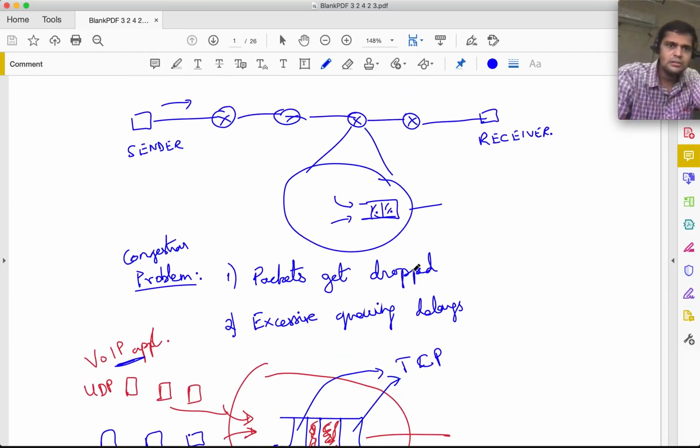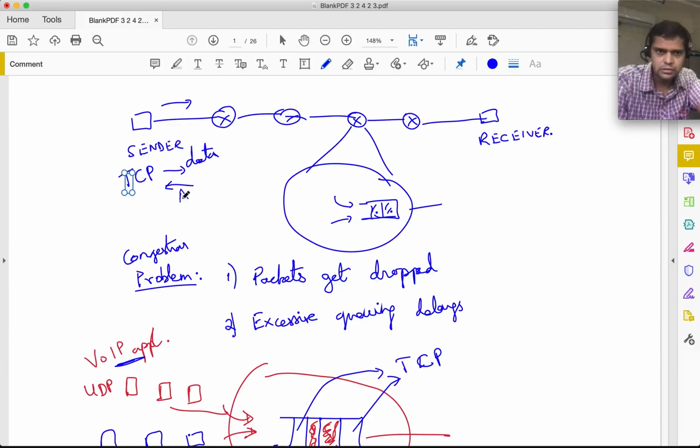So how does a TCP application know whether there is congestion or not? TCP is running from here, and you're sending data and getting back acknowledgements. We said that these intermediate routers don't collaborate with TCP.